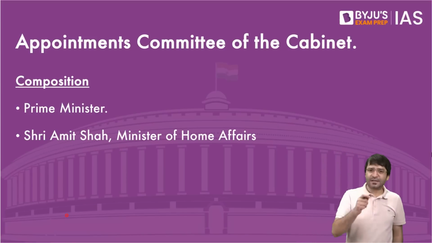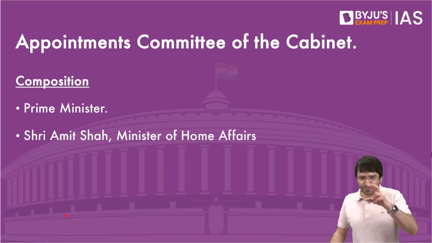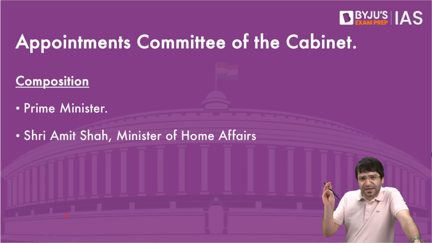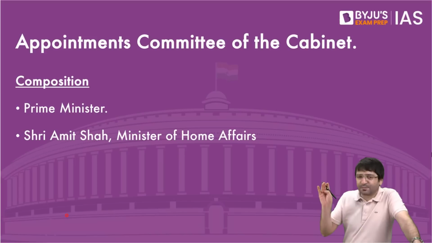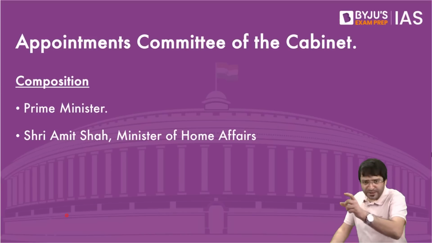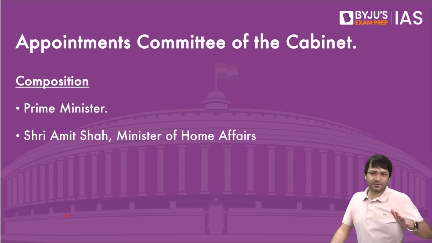And in all these 8 cabinet committees, what should be your focus? How many cabinet committees do we have? Who heads that specific cabinet committee? Is Prime Minister part of that cabinet committee? What is the purpose of that cabinet committee? These are the only 4 things that you have to keep in mind. How many cabinet committees do we have? 8.